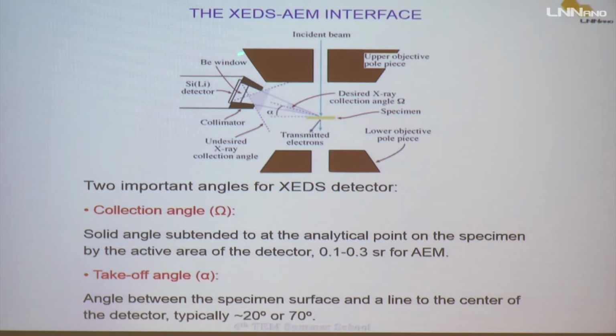Here about the interface again, the angle we need to think about when installing an SDD detector is the collection angle, okay? The collection angle is measured in steradians, okay?